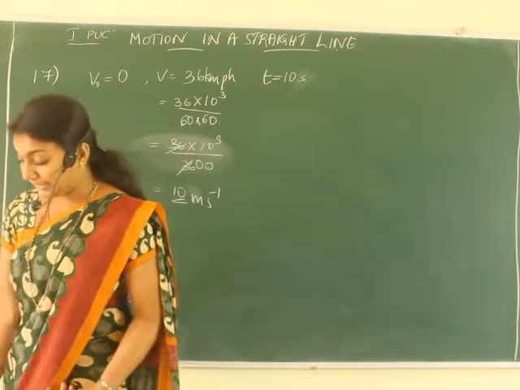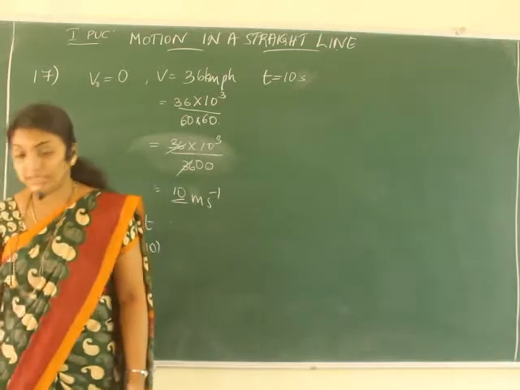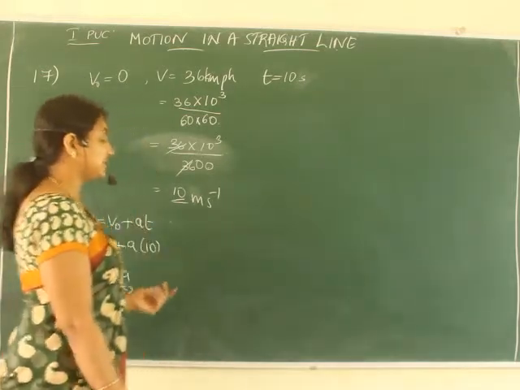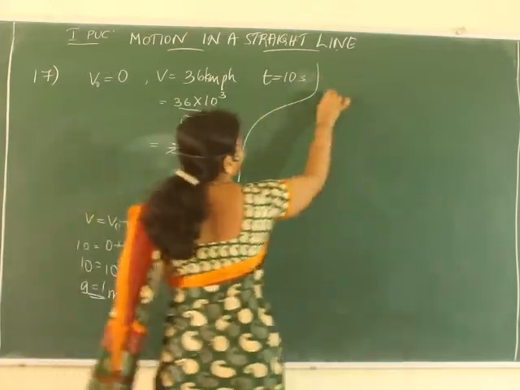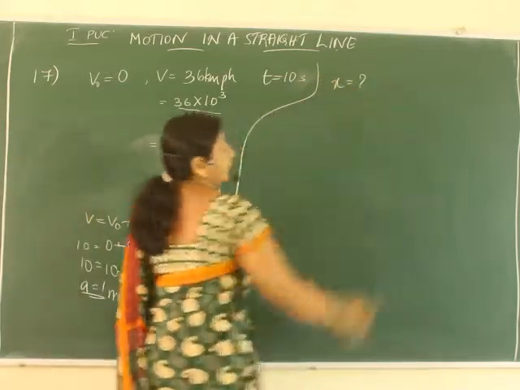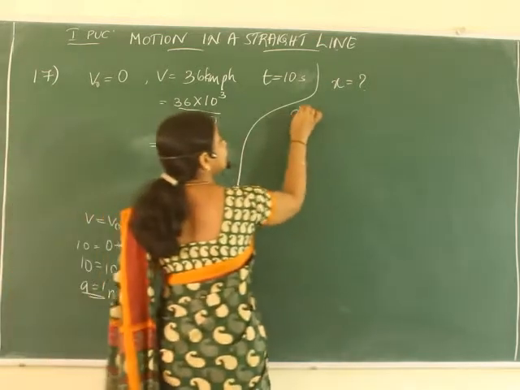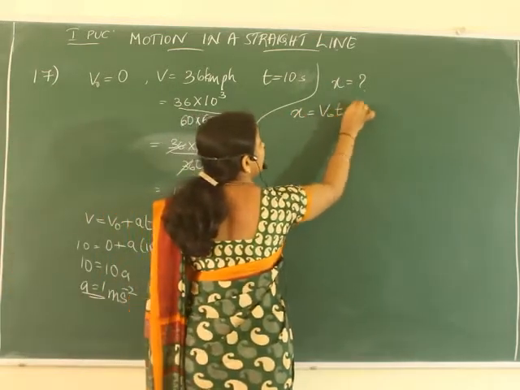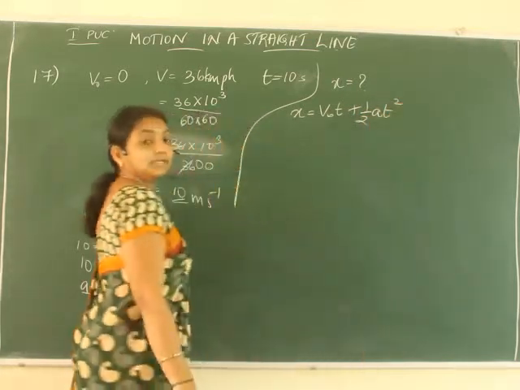We have to calculate total distance traveled. Correct? Okay, total distance traveled, that is you have to calculate X. X is equal to V0T plus half AT square. Correct?